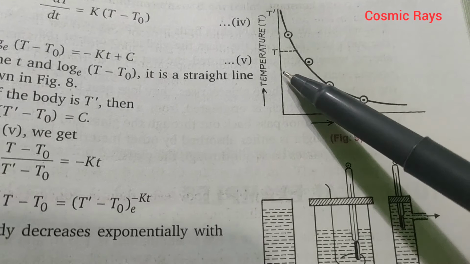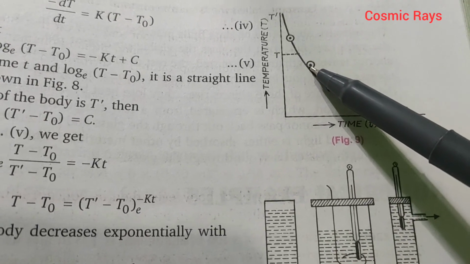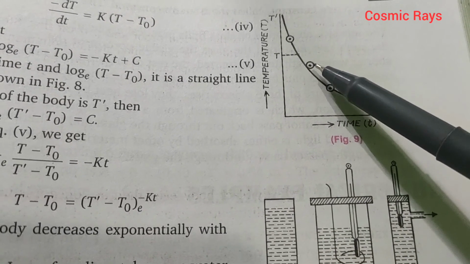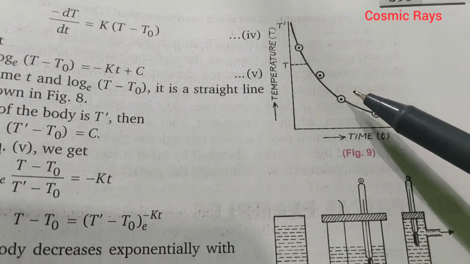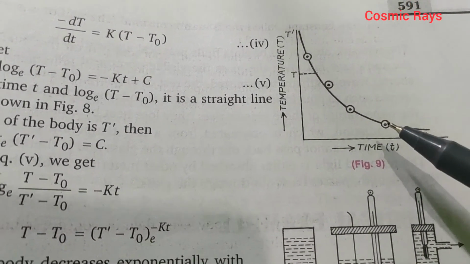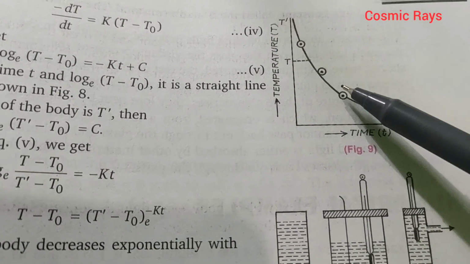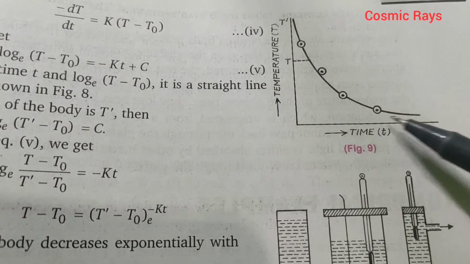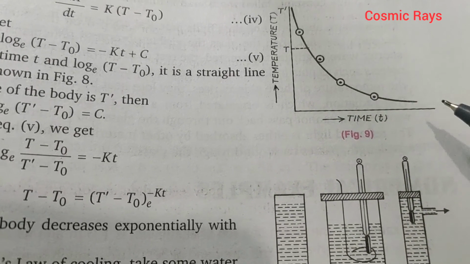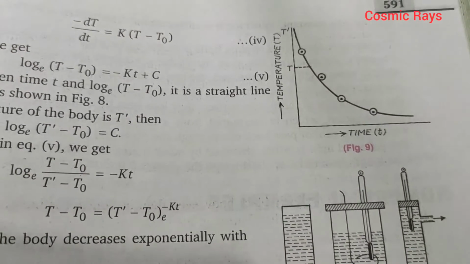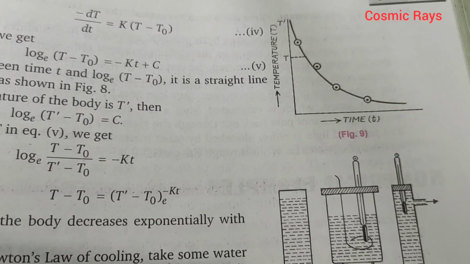At a certain point, when the temperature difference became less, the rate of loss of heat also started decreasing, and slowly the curve came down. That means the temperature became very low and the loss of heat also became very low. So this is Newton's law of cooling.